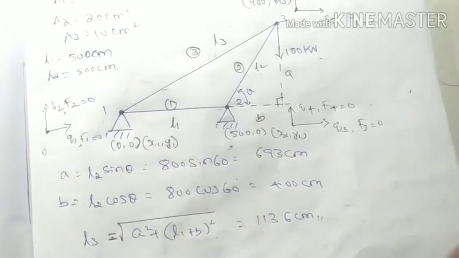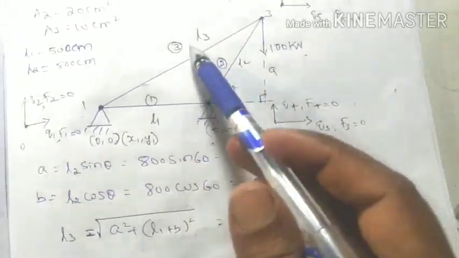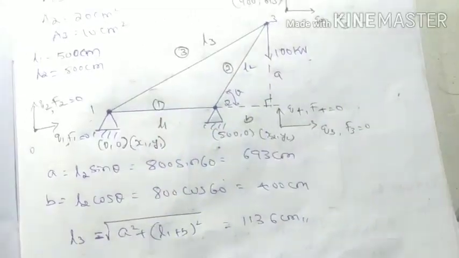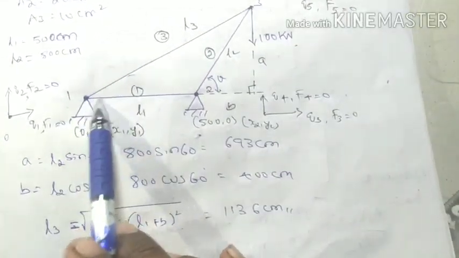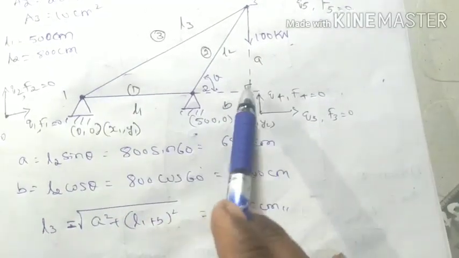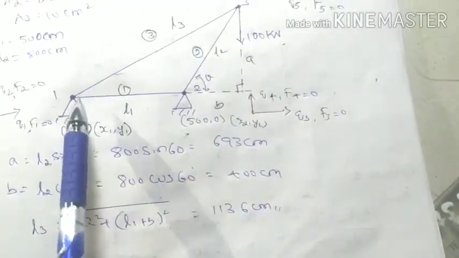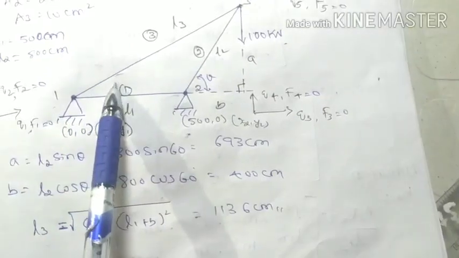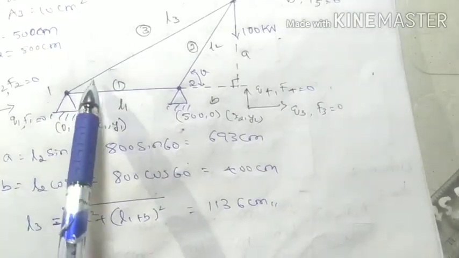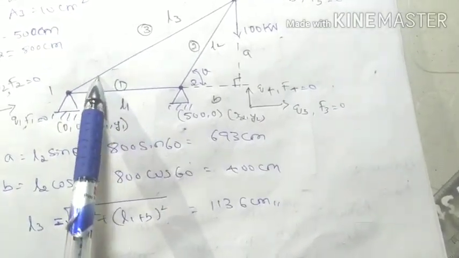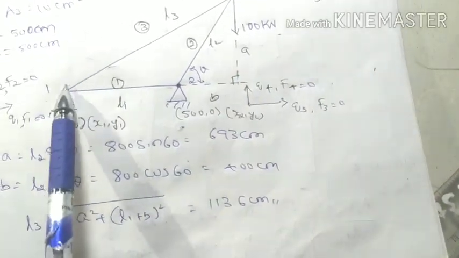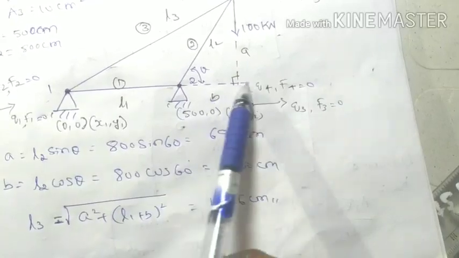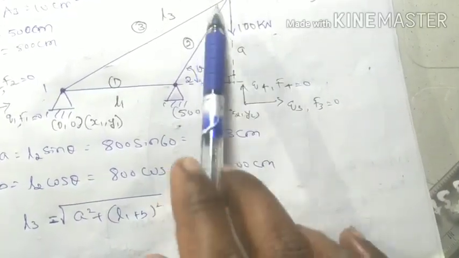Correspondingly, now we need L3. For that we can take one more, bigger triangle. It is also a right-angle triangle, so we can apply either the trigonometric rule or Pythagoras. But to apply the trigonometric rule you need the theta of this, which we don't know. Therefore we apply the Pythagoras rule, because I know this length and this height.